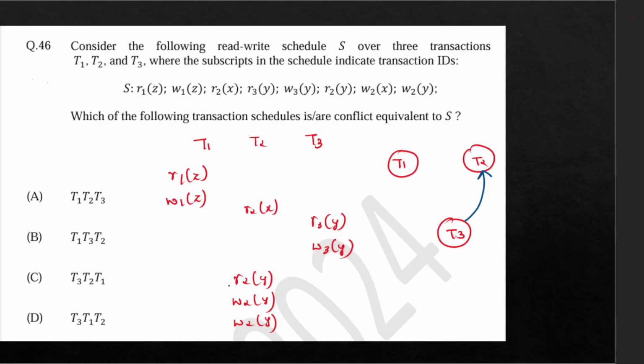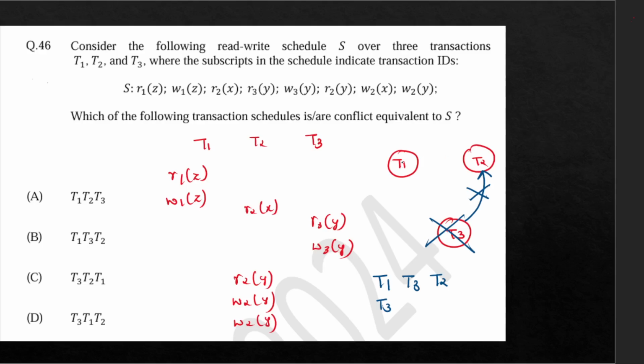Let's see. You can see that we can start with T1, or we can start with T3. So let's try to start with T1. If we remove T1, then T3 and T2 will be there, so T3, T2 like this. What if I start from T3? Then this transaction will also get removed.